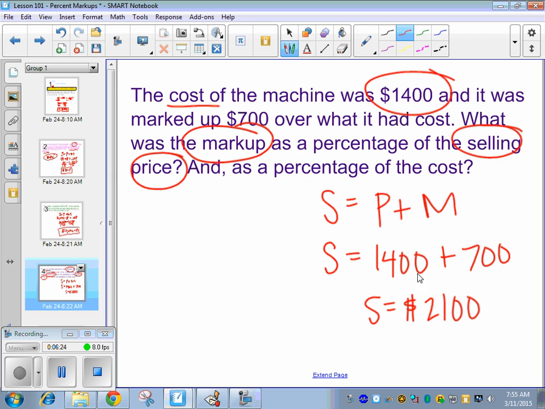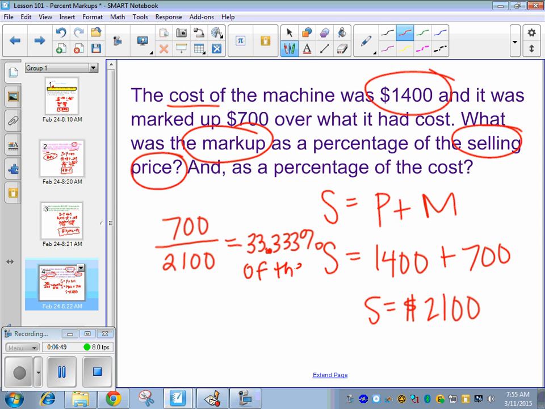So markup is $700 as a percentage of the selling price. We sold it for $2,100. That's a third. So the percentage that we get is 33.333%. So it's 33%. The markup is 33% of the selling price.